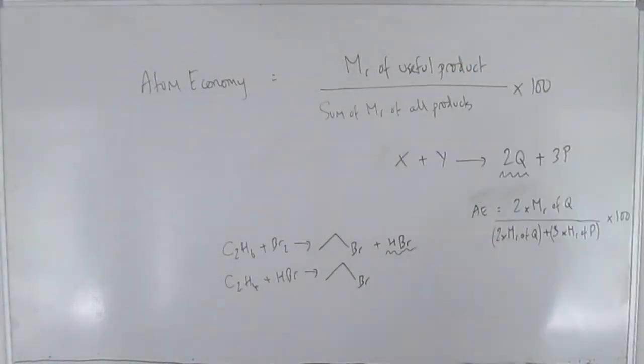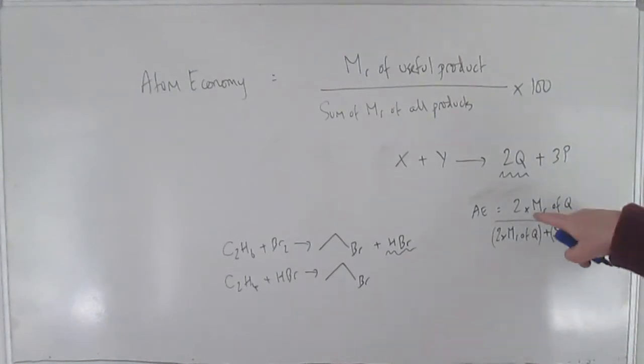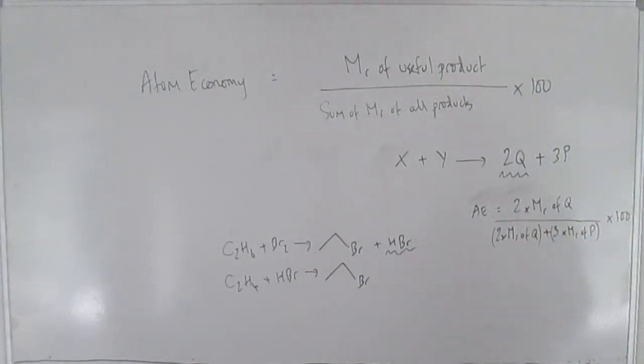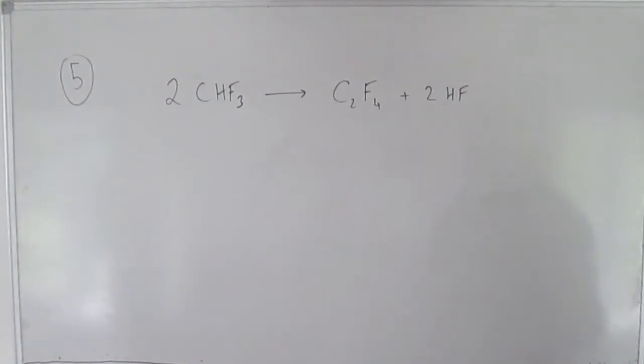So you've got to be careful of that, because when you put it in words it doesn't say it explicitly, but you've got to include the balancing numbers like that when you work out the atom economy. Okay, so we can put that idea into effect then in question 5.